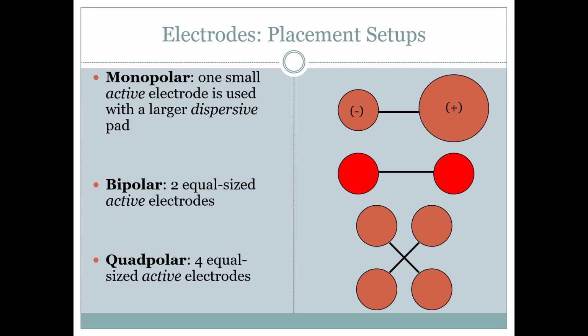An electrode is dispersive when it is much larger than the electrode or electrodes from the opposite terminal. It is used to complete the circuit and is usually applied to a location remote to the area being treated. A bipolar electrode placement occurs when there are two equal-sized active electrodes. A quadpolar electrode placement occurs when there are four equal-sized active electrodes.